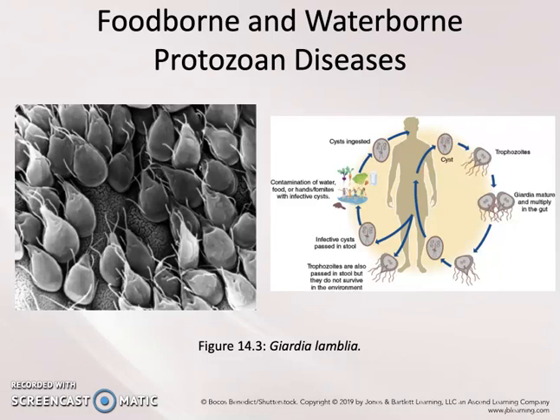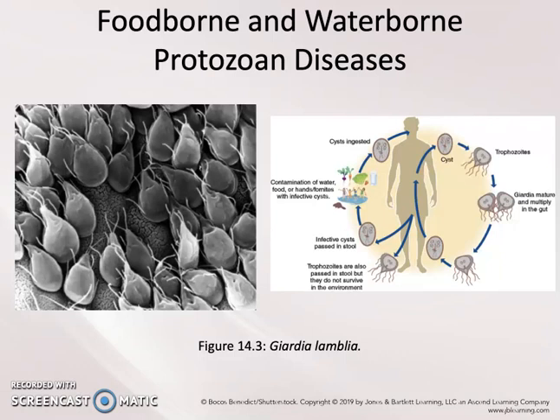The way that this flagellated protozoan transmits its disease is the microbe is shed by a mammalian host, either human or, more likely, an animal, and those shed Giardia pathogens end up in waterways as cysts.